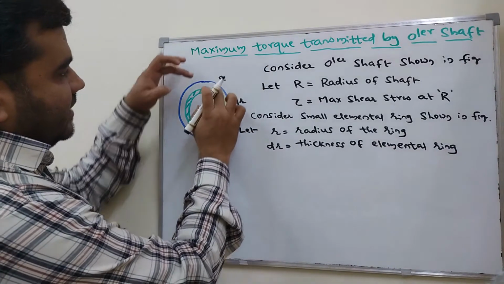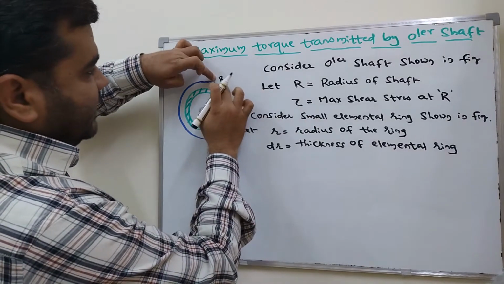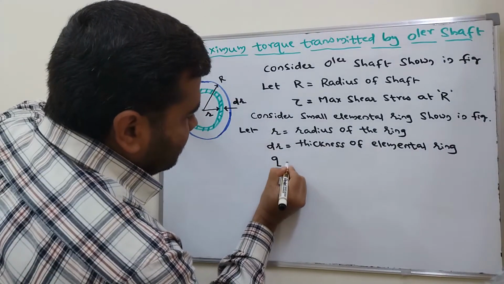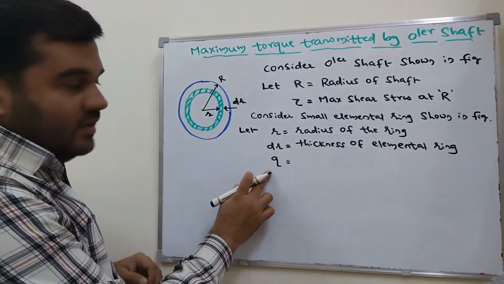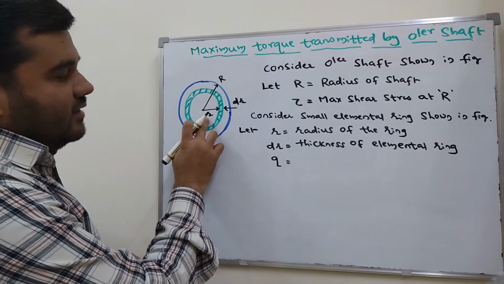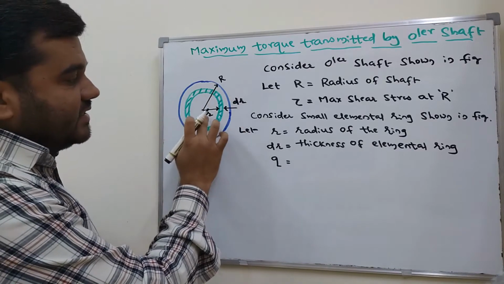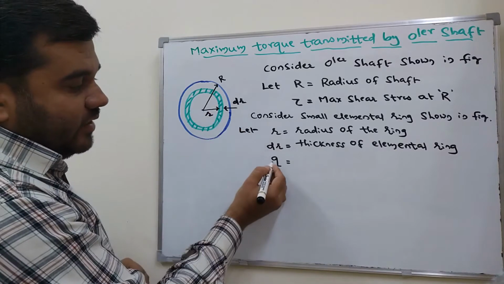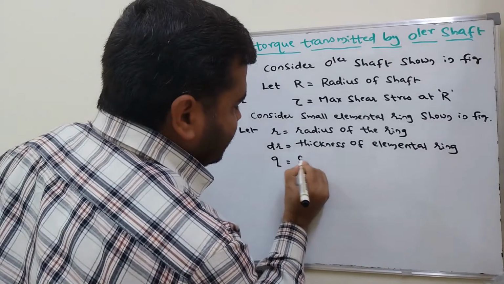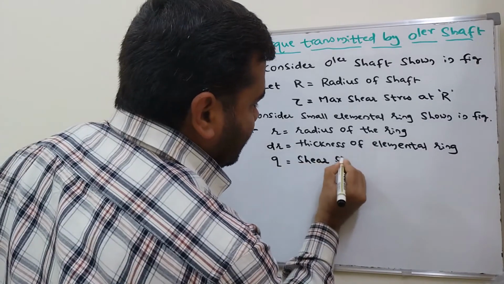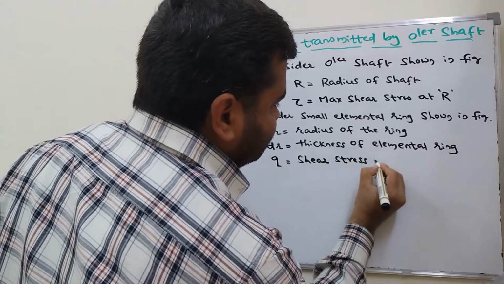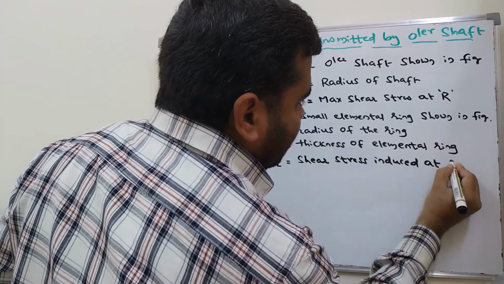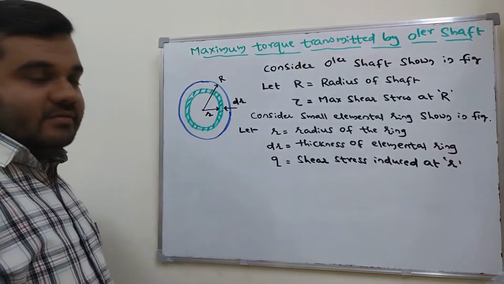Now as I said, this tau is the maximum shear stress at capital R. Now I consider q, which will be equal to the shear stress at a distance of small r, at the elemental ring. Whatever shear stress is generated there, I denote by q. So q is the shear stress induced at r, that is, on the ring.